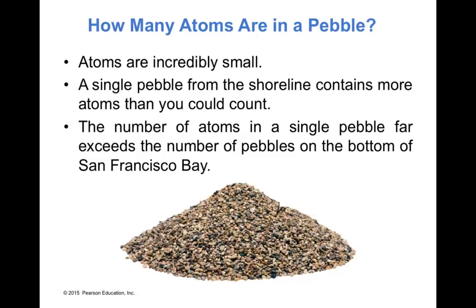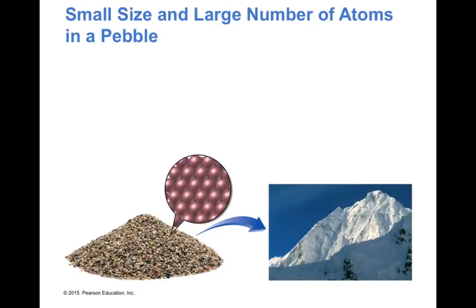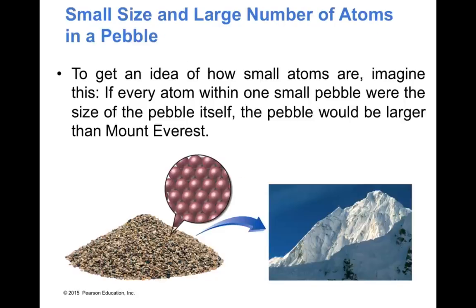And what about the size of the atom? To get an idea of how small atoms are, imagine this. If every atom within one small pebble were the size of the pebble itself, the pebble would be larger than Mount Everest.